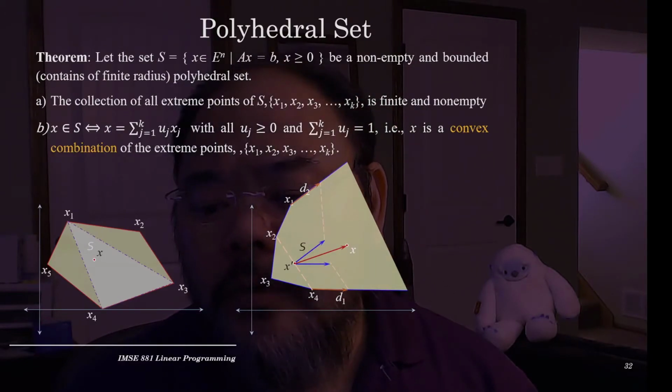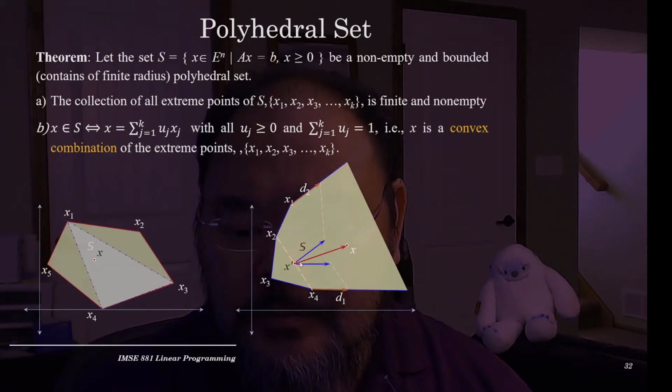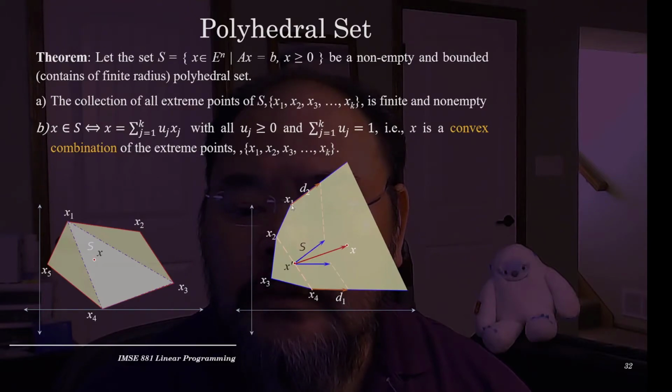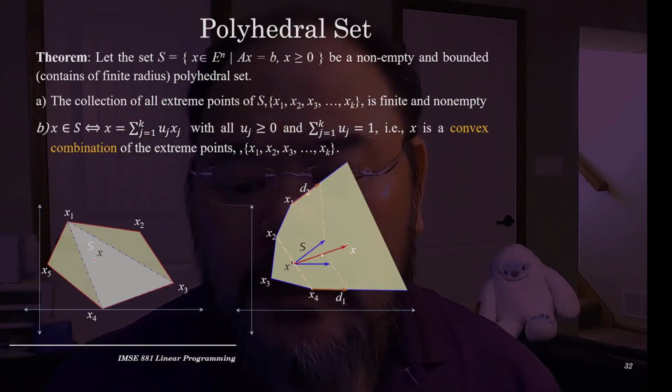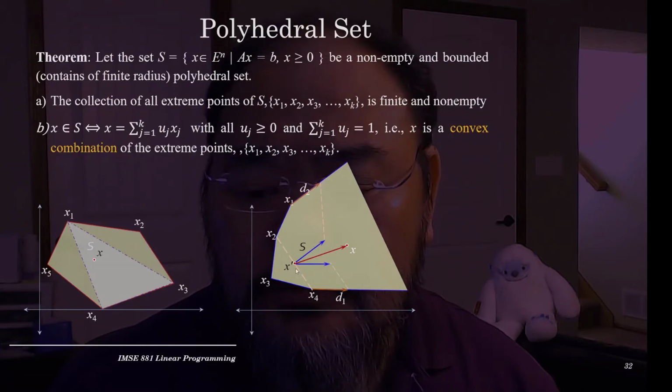The next concept we want to introduce is that even though the feasible region, the polyhedral set, is not closed, any point within this open region, for example x right here, can be represented as a convex combination of the extreme points, x1, x2, x3, x4, plus a cone combination of the extreme directions, here d1 and d2.